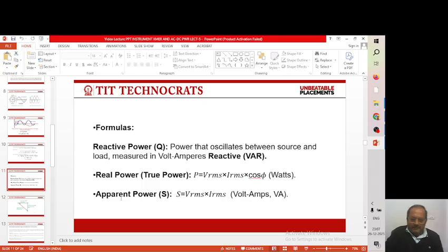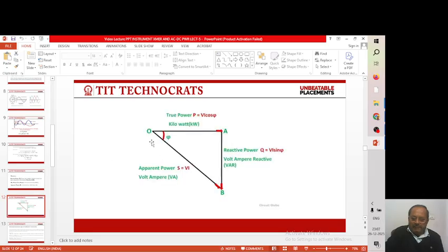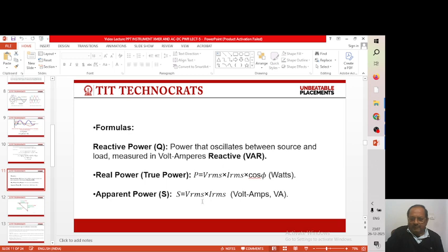And second is apparent power. It is denoted by S, and it is the product of the RMS value of voltage and the RMS value of current.